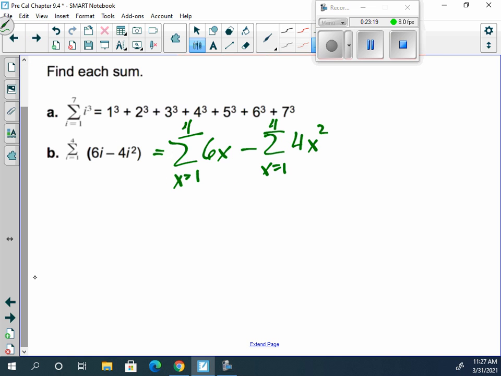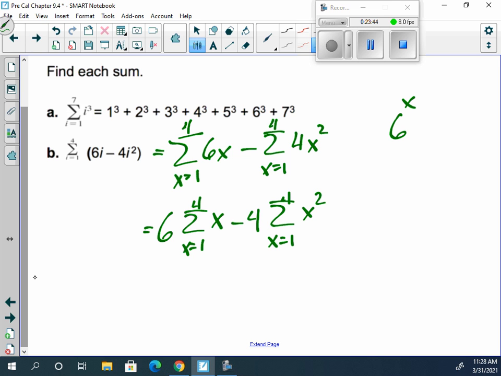And we use the properties of these sums to say 6 times the sum of x from 1 to 4 of x, minus 4 times the sum of x from 1 to 4 of x squared. Because they are constants, they're not being affected by this term at all. If it was 6 to the x, we couldn't do it, because the number getting plugged in would change.